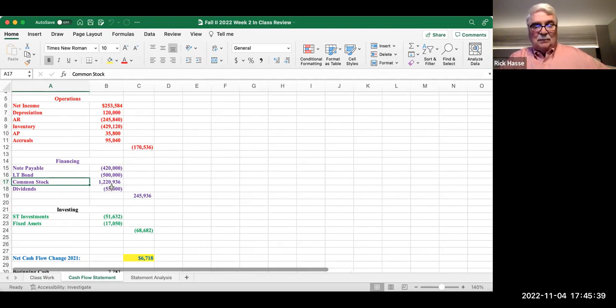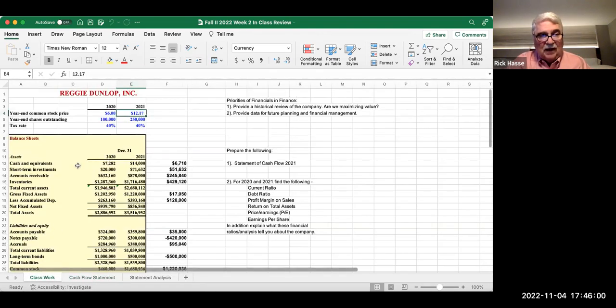In this case, the example of Reggie Dunlop Incorporated, they issued 150,000 more shares of stock in 2021. And then cash going out of short-term investments and the purchase of fixed assets. The combination of all those equals $6,718, and that equals the total delta of cash and cash equivalents between the 2 years of $6,718.